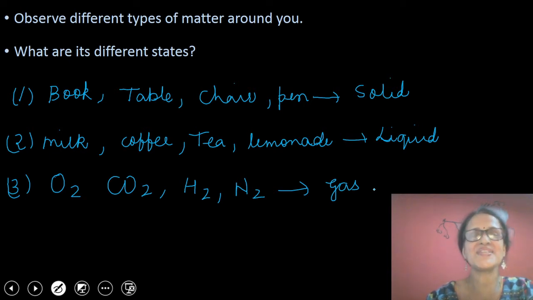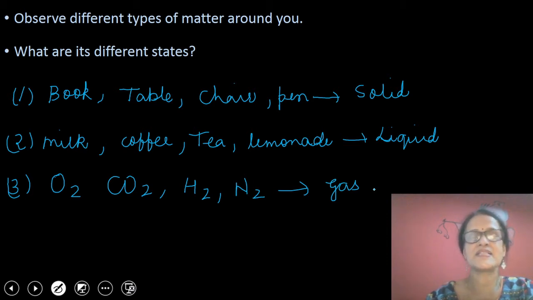For answering this question, you have to look at the molecular level. I mean to say, you have to see the nature of particles which are making these materials. The answer to this question will be discussed in detail in next parts, but at this stage, I want to say only one point, that in solid state, the particles which are present in them are very closely packed.